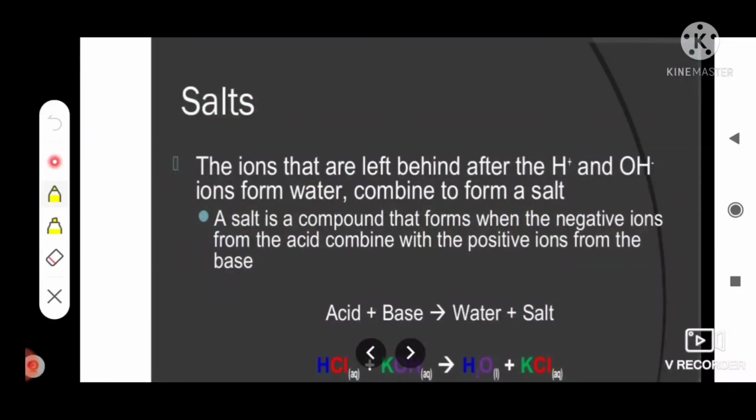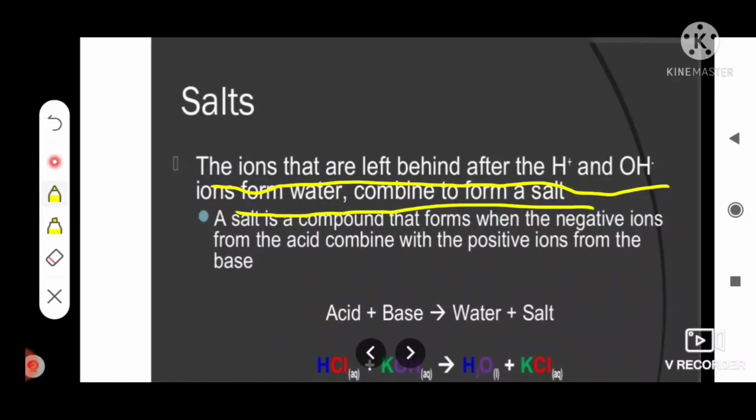What is a salt? A salt is a compound which is formed when hydrogen of an acid is replaced by a metal. Or we can say the ions that are left behind after the H plus and OH minus ions form water combine to form a salt.